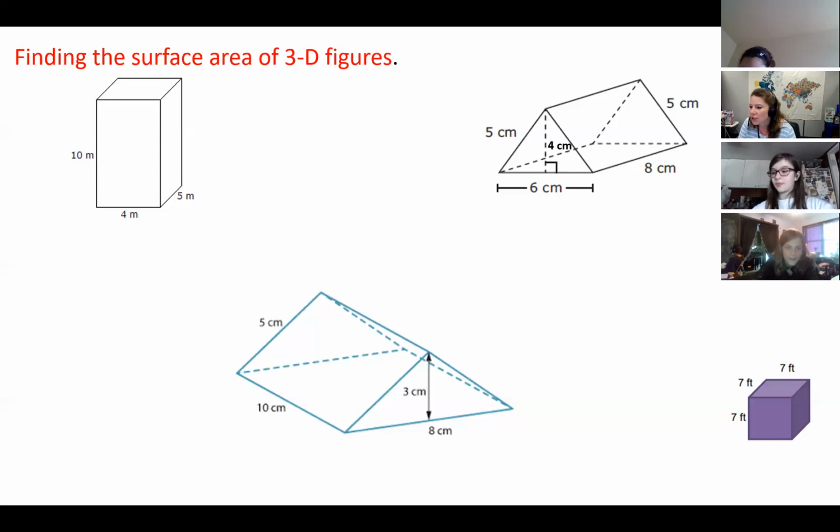All right. So Naomi and Ella, find the surface area of that cube, please.